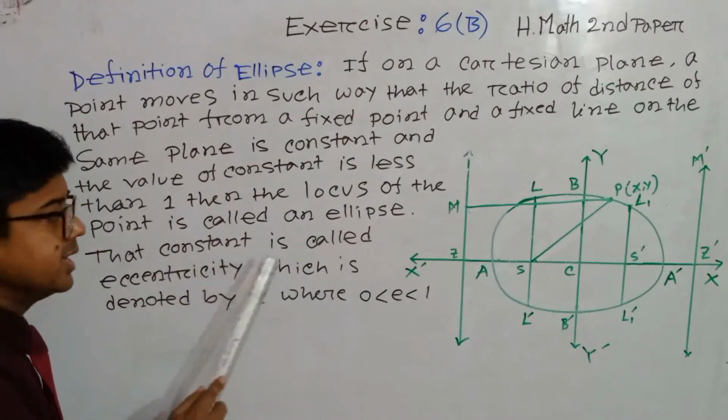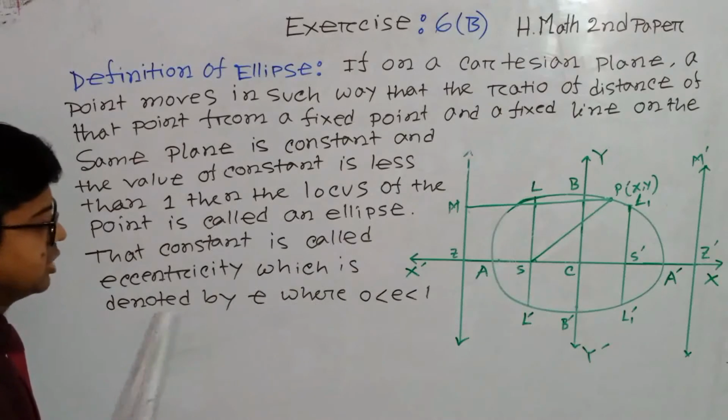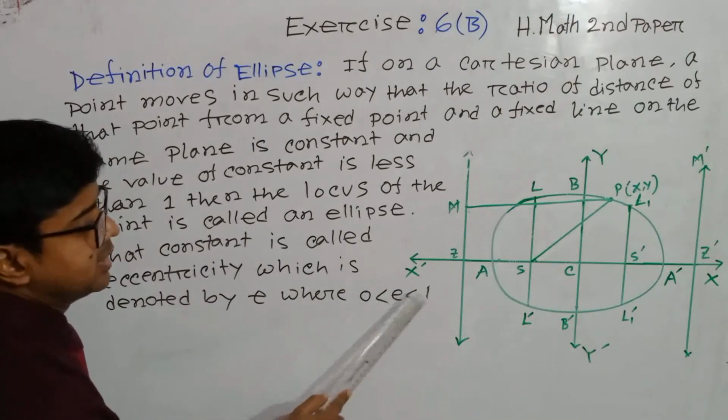That constant is called eccentricity, which is denoted by e, where 0 < e < 1.